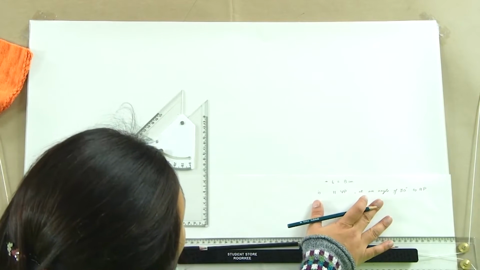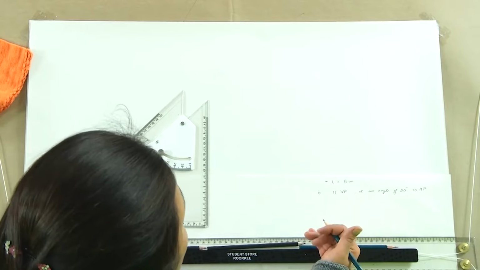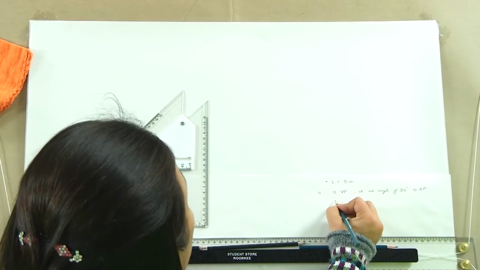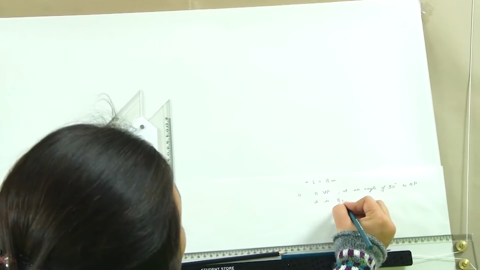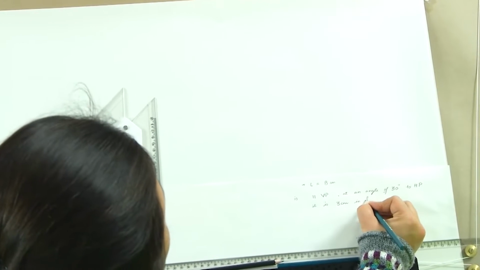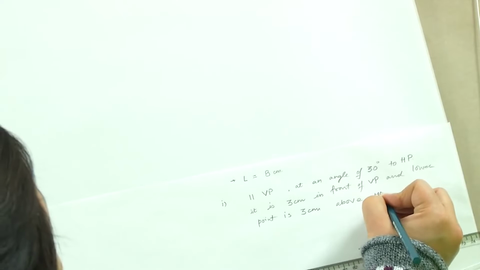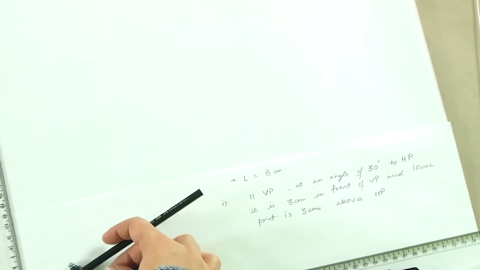That is the condition, and then we can also say that it is 3 centimeters in front of VP and the lower point is 3 centimeters above HP.